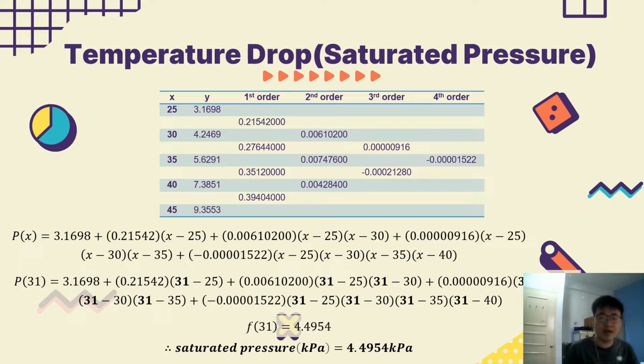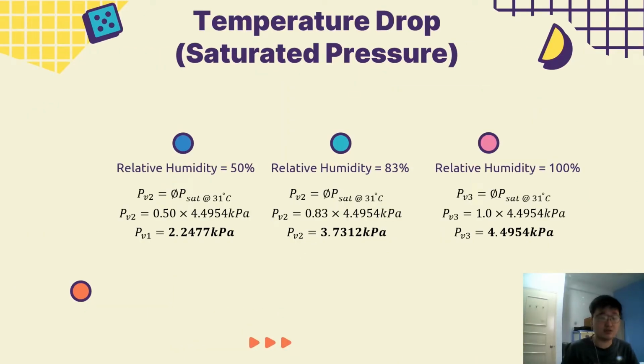Okay, after calculating the saturated pressure at 31 degrees, now you need to calculate the saturated pressure corresponding to the relative humidities, for example, 50%, 83%, and also 100%. So we take the 4.4954 kilopascal that we got, then we times the relative humidity.